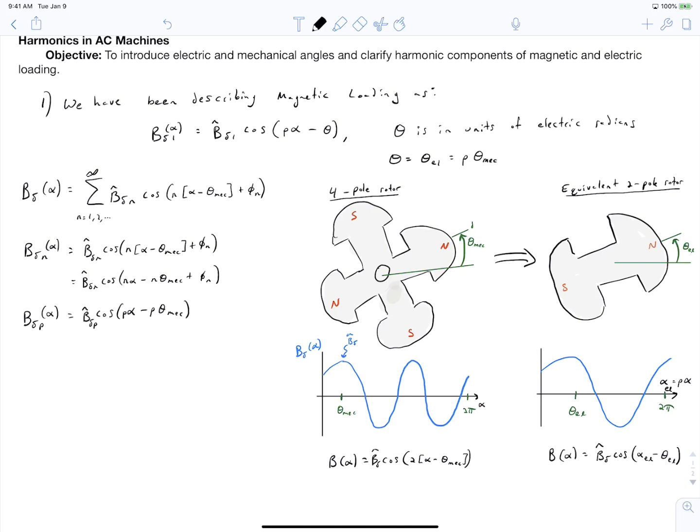And we note that in this case, I did not write any expression for phi n or phi p. That is, I left this out of our expression. The reason for that is that we've deliberately aligned our reference frame so that phi p equals 0. So by our choice of this angle and this location, we by default have phi p equals 0.